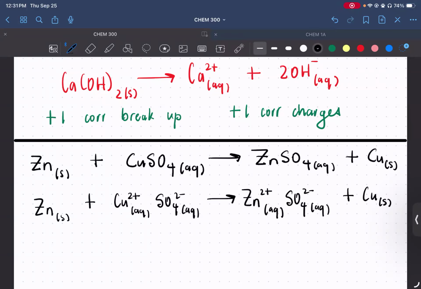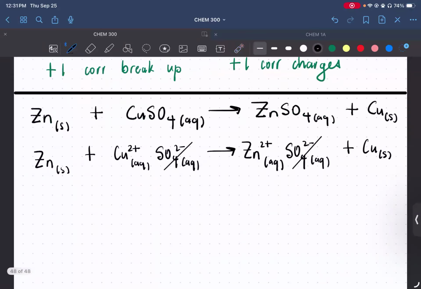Going through one by one to identify spectators. Zinc starts solid. It ends up aqueous. It's left alone. Copper starts aqueous, ends up solid. It is left alone. Sulfate starts aqueous, ends up aqueous. This is eliminated.